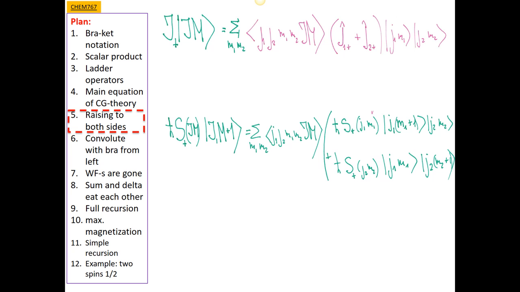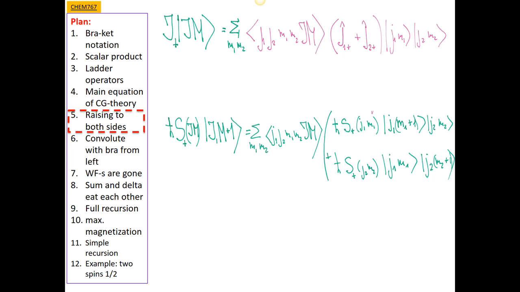Look, the operator J plus acts on the state J, M. As a result, we move in the space of indices by incrementing M to M plus 1, and we get a factor, which is not an operator anymore.